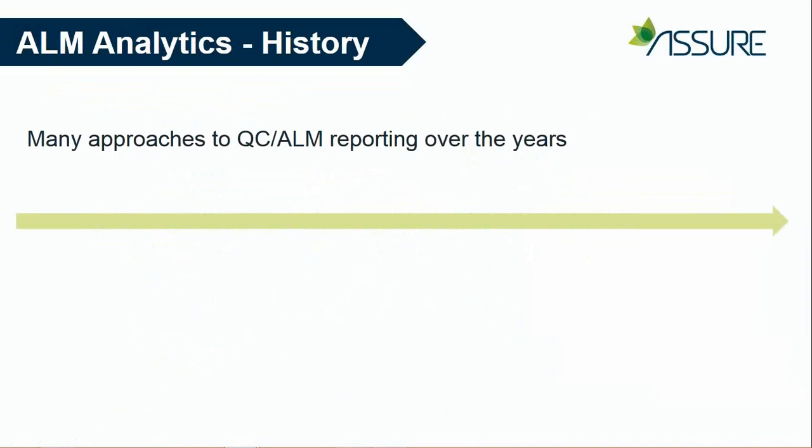Okay, so let's talk about what has happened with ALM Analytics. I'm going to share some information here. I'm not sure it's 100% accurate, but it's close enough to reality. The whole thing started as Quality Center, or actually TestDirector, with reports and graphs included in the tool. These are still very much around. Next came something called Advanced Reports, based on actual technology.